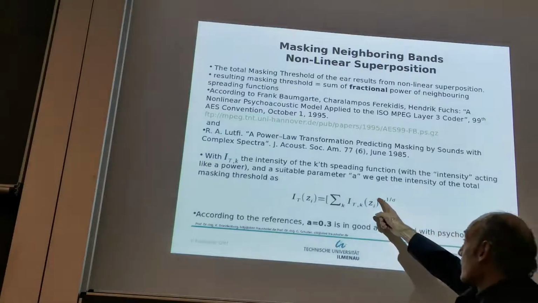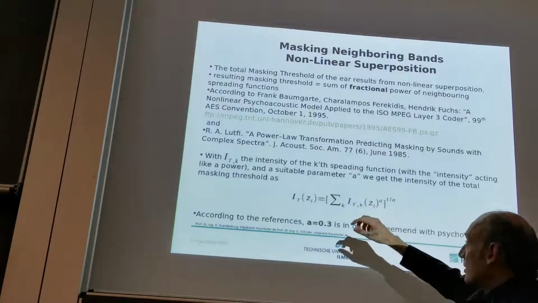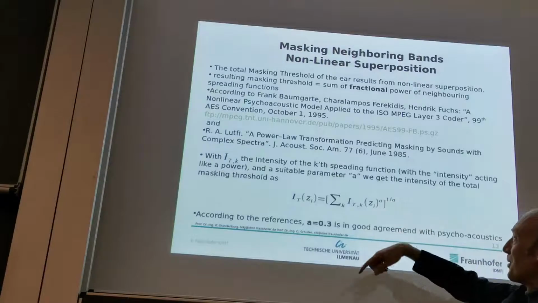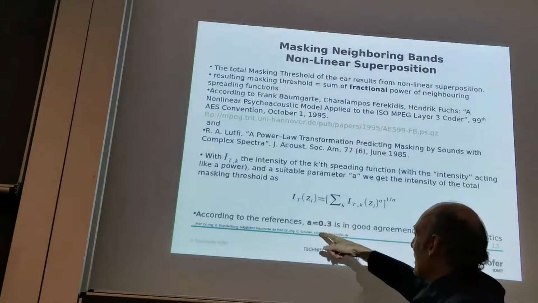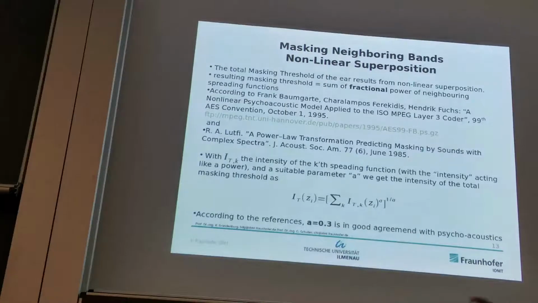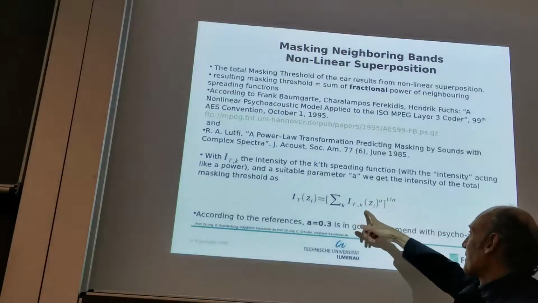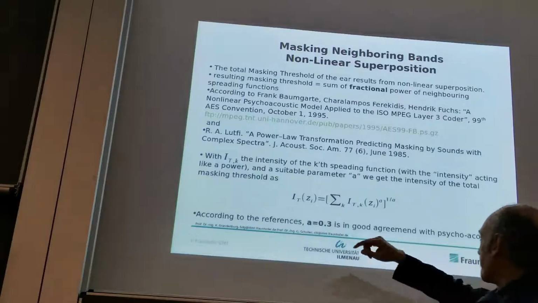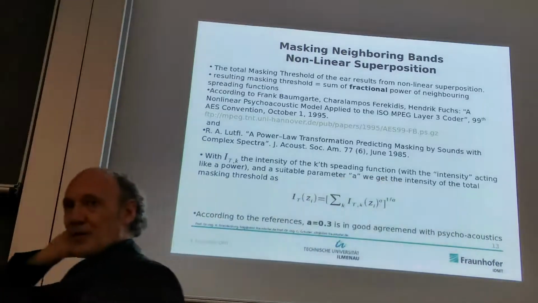So you can also think of, instead of a power, we sum up something else depending on this exponent. So for instance, A equals 0.3 is similar to a square root. So you could think this is kind of like a voltage, because the voltage is the square root of the power. But not exactly, because it's 0.3. Does it make sense?